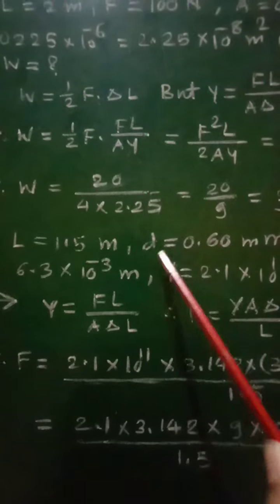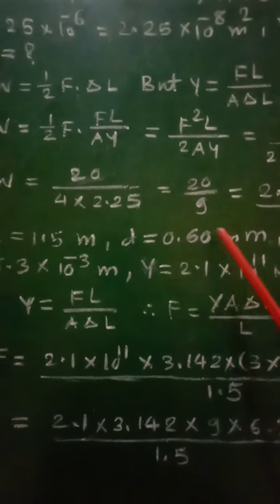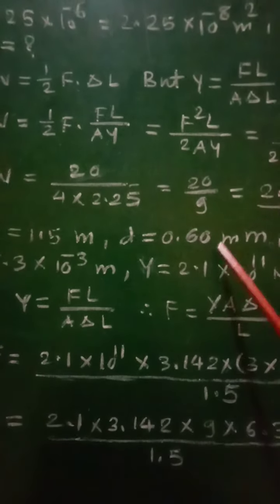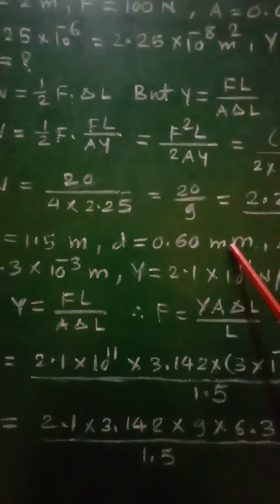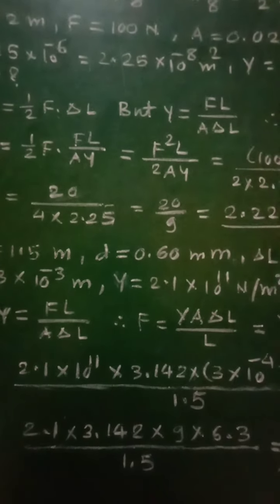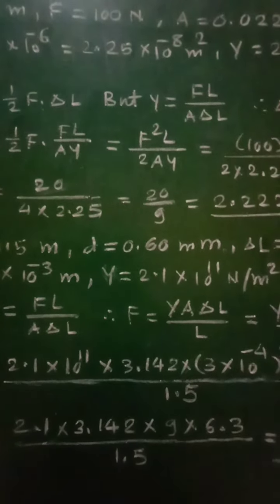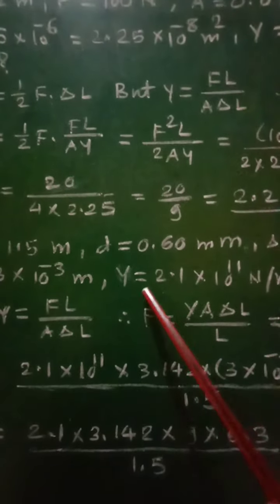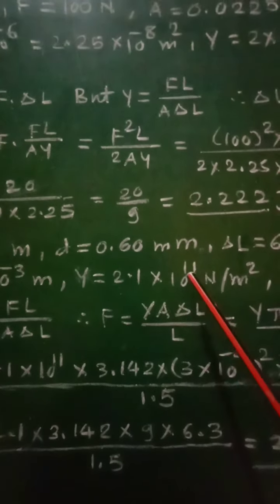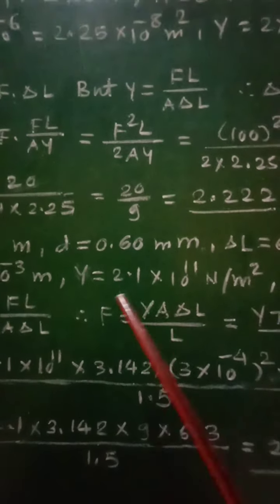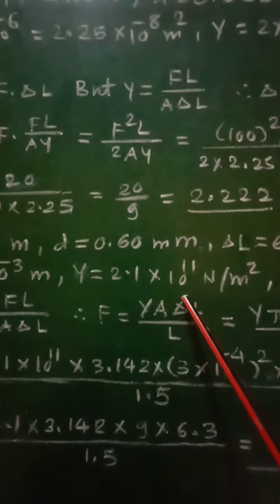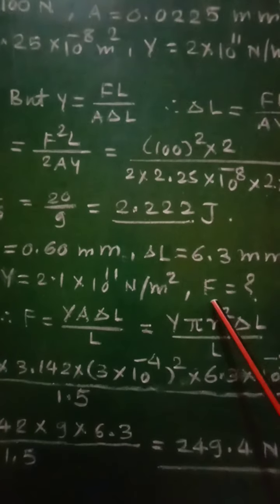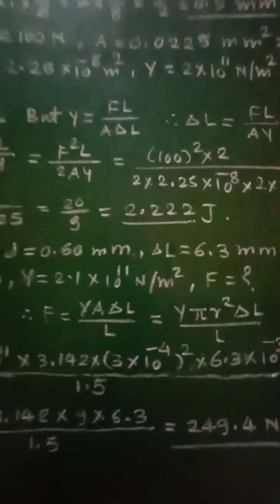Now in this case diameter D is 0.60 millimeter, therefore radius will be 0.30 millimeter, and then it will be converted into meter by multiplying by 10 raised to minus 3. Y is given again, that is 2.1 into 10 raised to 11 Newton per meter square, and we have to calculate force applied. F is equal to question mark.